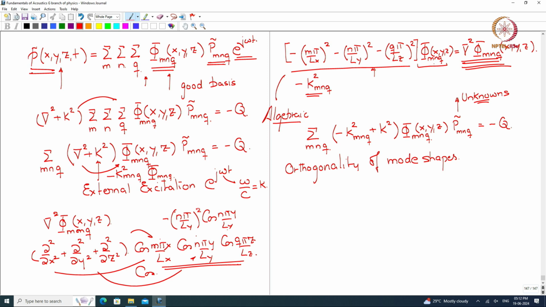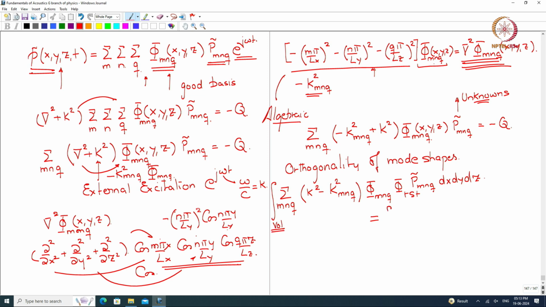Okay. So, if we use that, what we do is we multiply by a mode shape of a different index, minus k square mnq phi mnq into, let's say, phi rst p tilde mnq dv, dx dy dz, and on the right I do the same, okay, and put an integral, volume integral over dx dy dz.